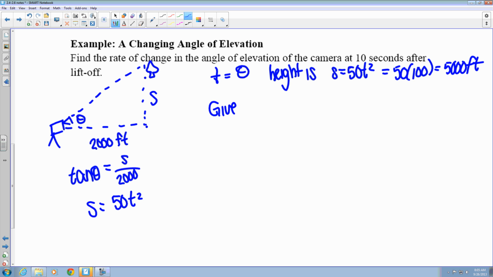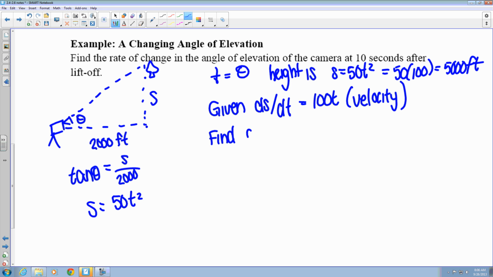We are given ds/dt is 100t, because we have s is 50t squared, so the derivative of that is 100t. That's our velocity. We need to find d theta/dt when our time is 10 and our position is 5,000.